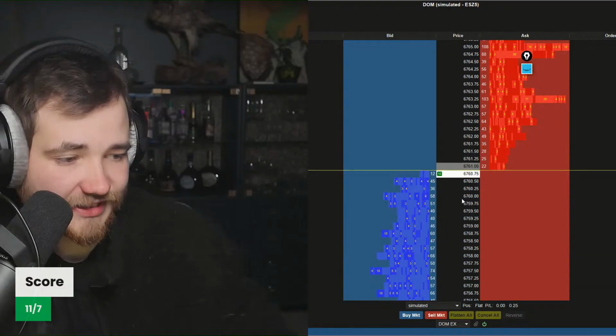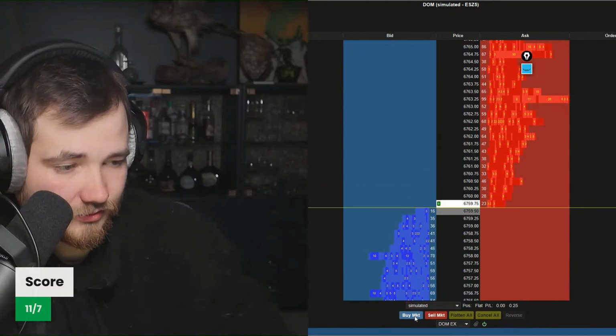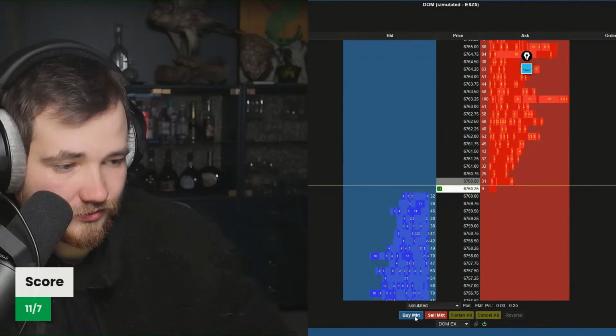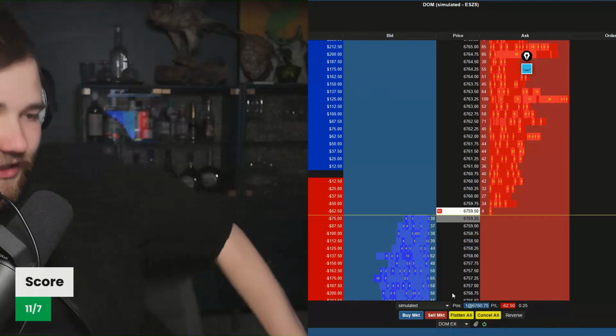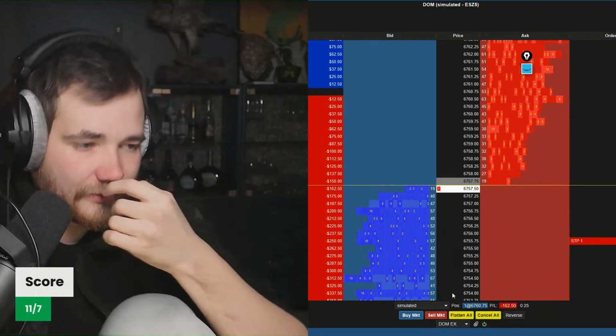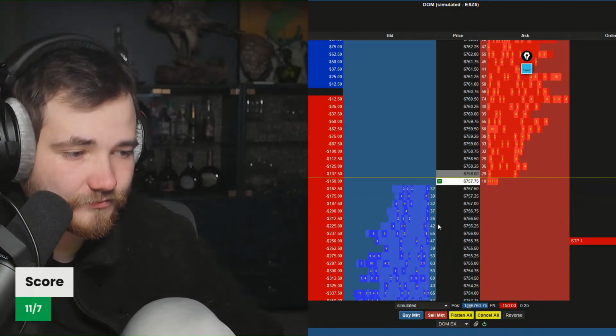Snap to the upside. Let's look at the 60 here, if it holds. It held. So let's take that one. Oh. It held for a while, but then it flipped out.